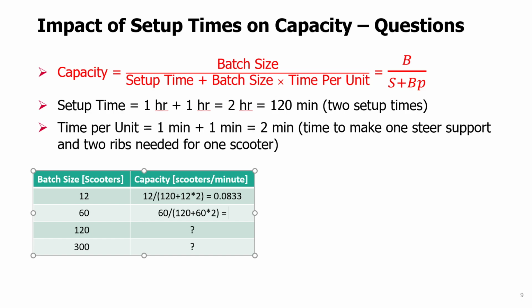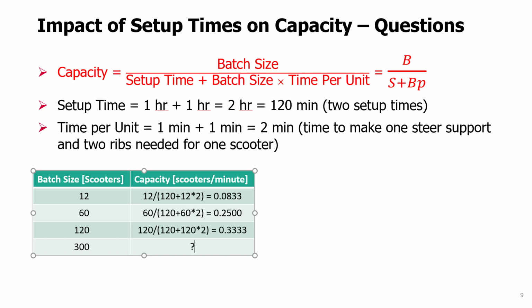This will give us exactly 0.25 scooters per minute. Or 120 batch size divided by 120 plus 120 times 2. That is equal to 0.333, 1/3.